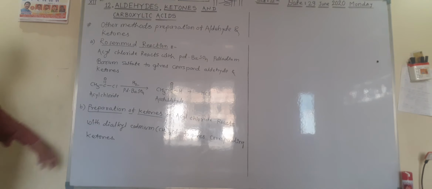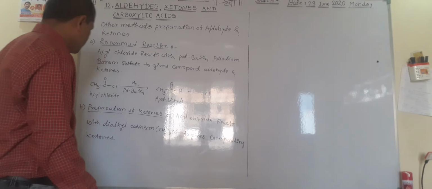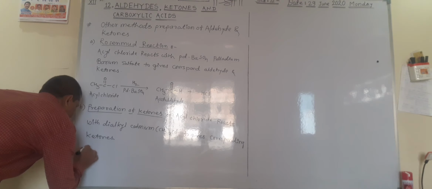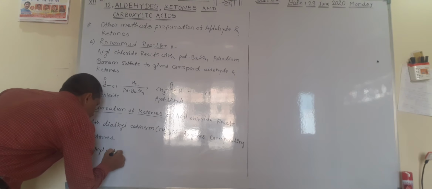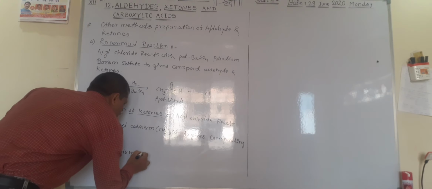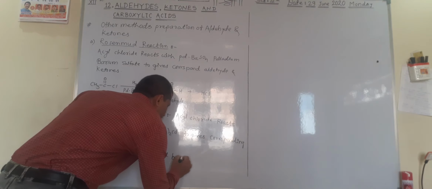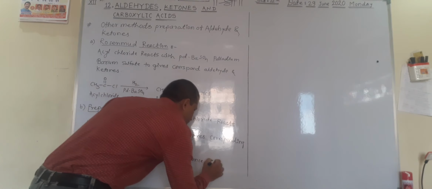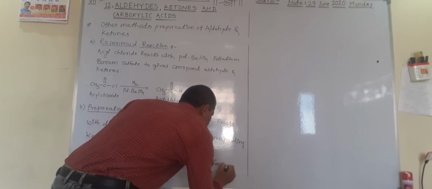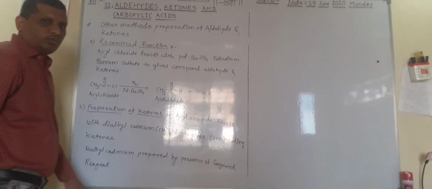To prepare the dialkyl cadmium, a Grignard reagent is used. How to prepare it?